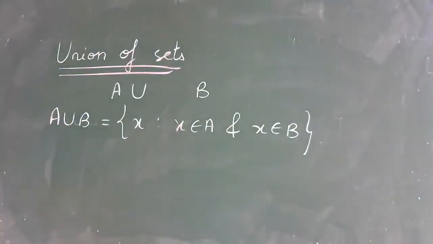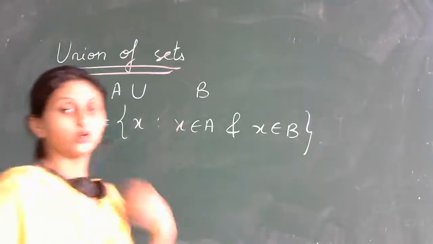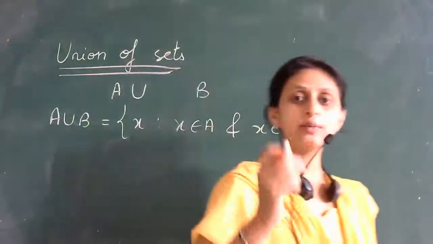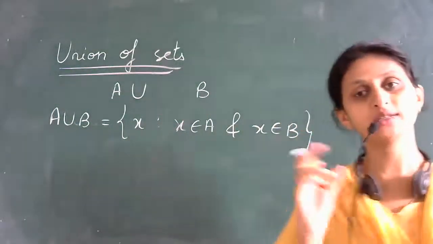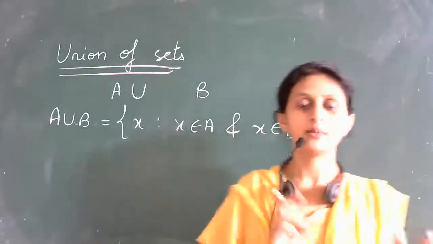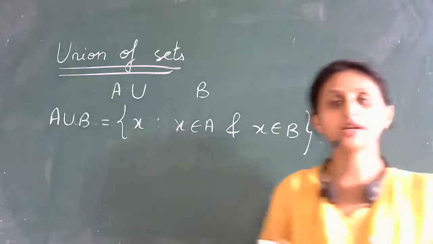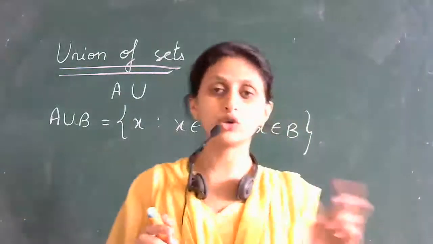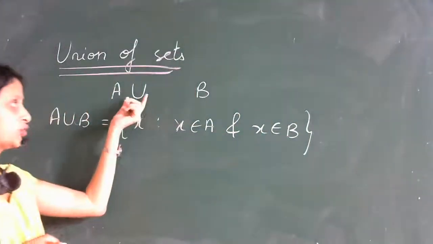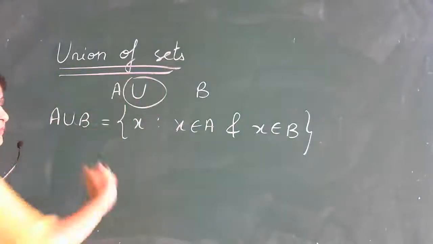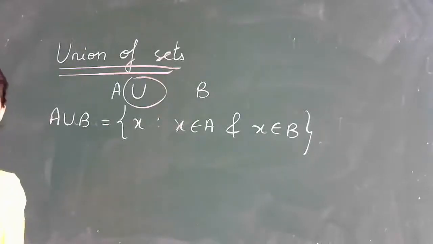The union of A and B will include all those elements which are in both the sets, which are in set A as well as in set B. As with the name, union means together, it will include all the elements of both the sets. And you will denote union by this sign, capital U. Is that fine?